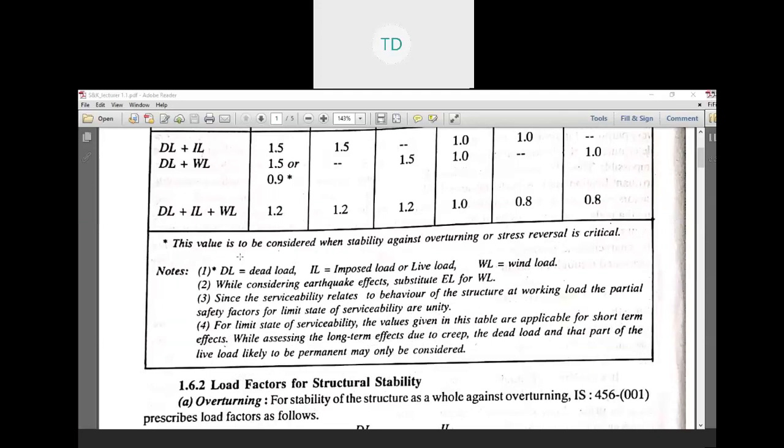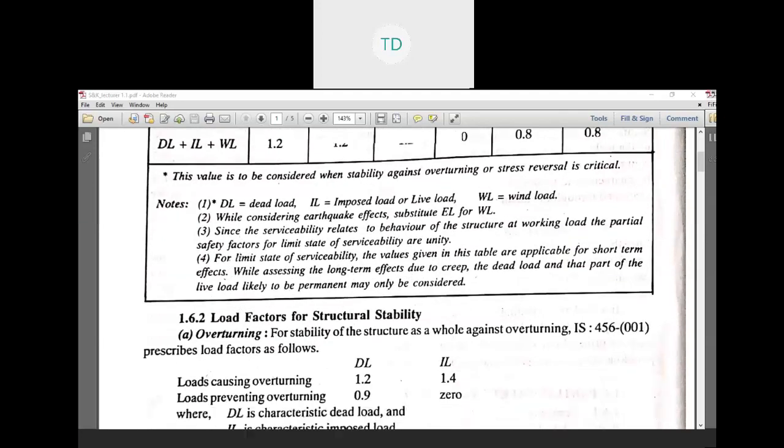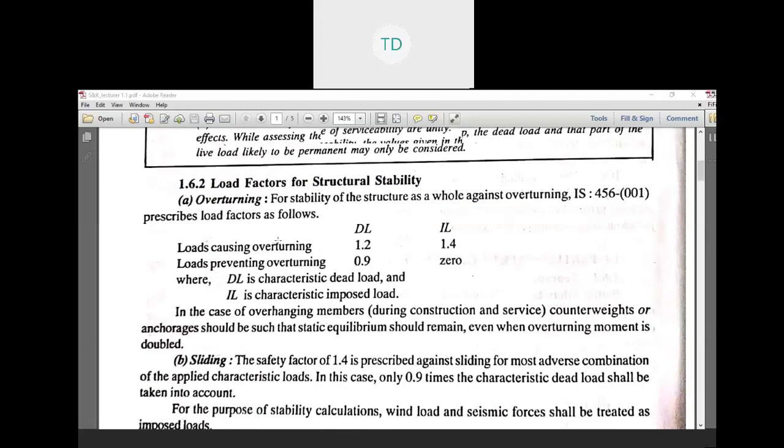The value is to be considered when stability against overturning or stress reversal is critical. Here are some notes which I already told you, so let us skip them.